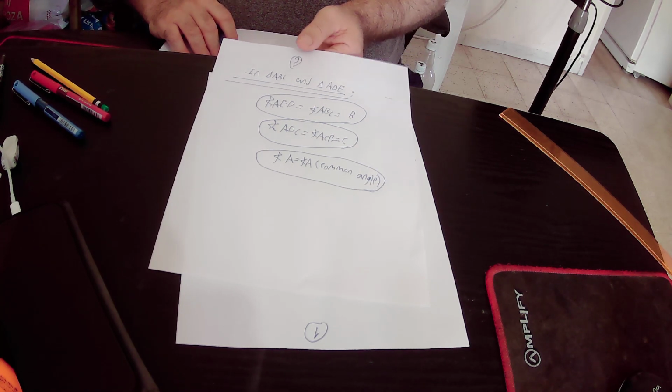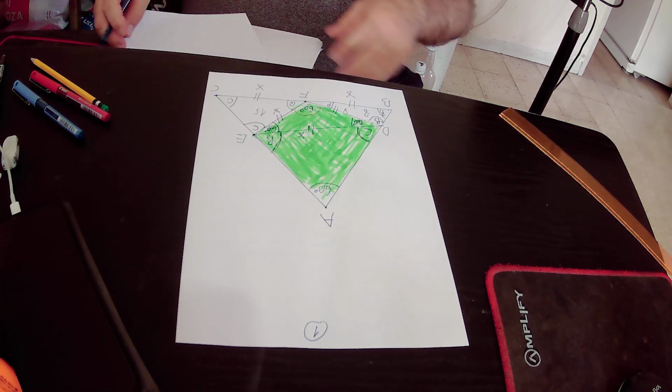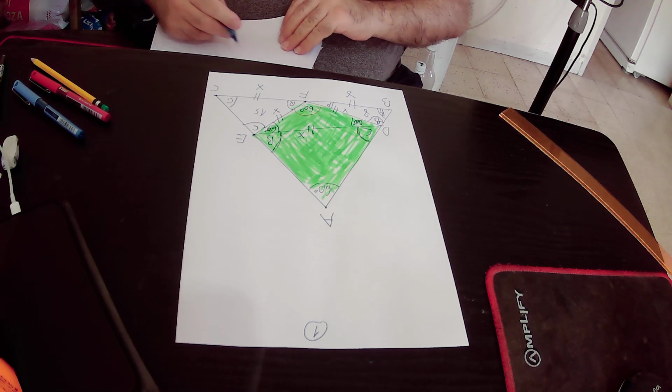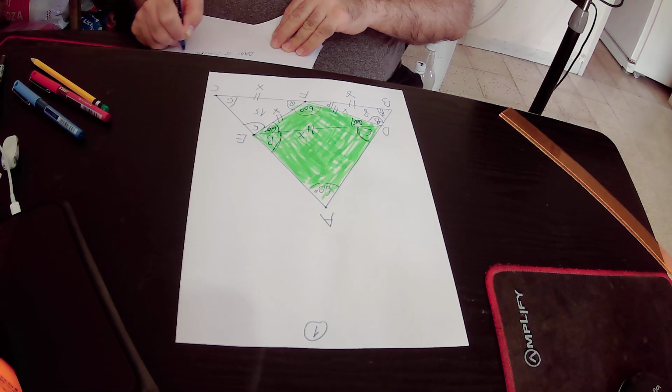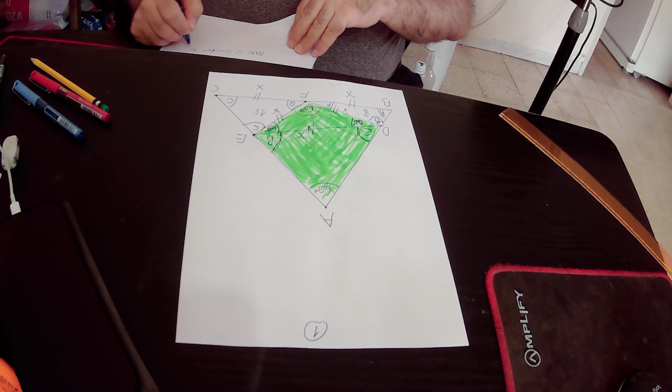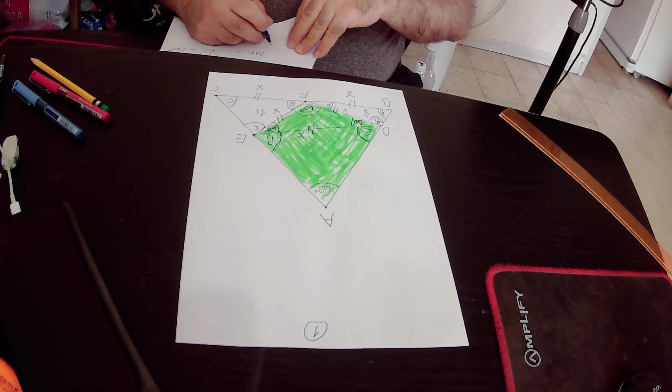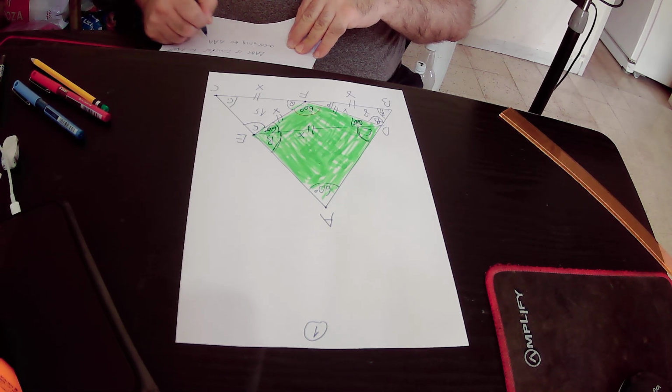Therefore, we actually proved that triangle ABC is similar to triangle ADE according to the angle similarity rule.